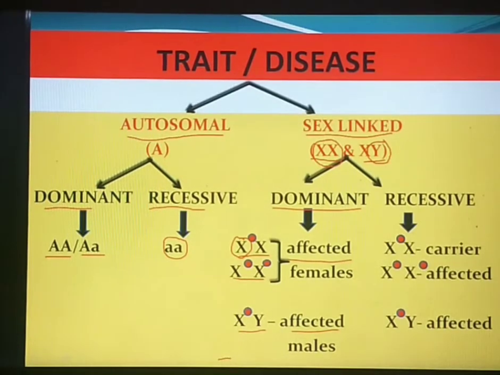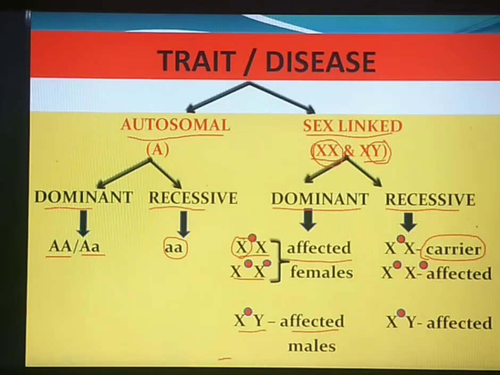If the genes are recessive, then what will happen? Here we will see that if the trait is present on one X chromosome, then the females are called carriers of that trait or disease. So here the females are absolutely normal and they will be asymptomatic.